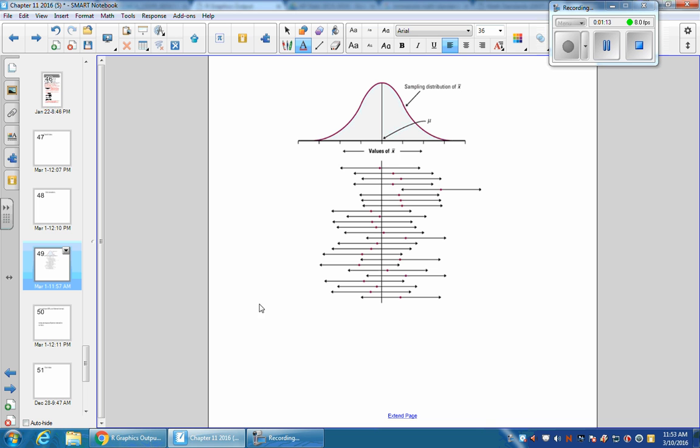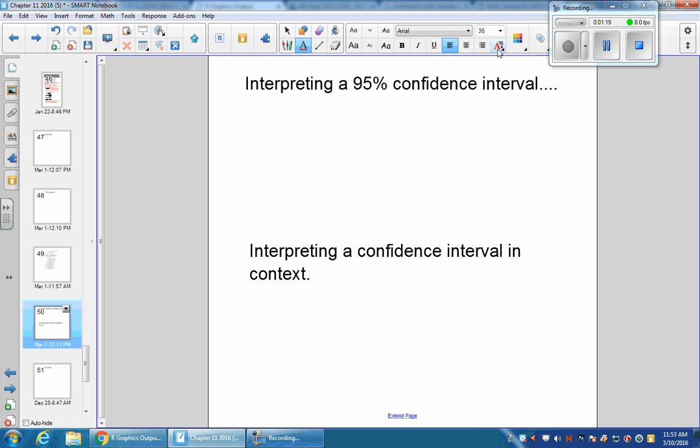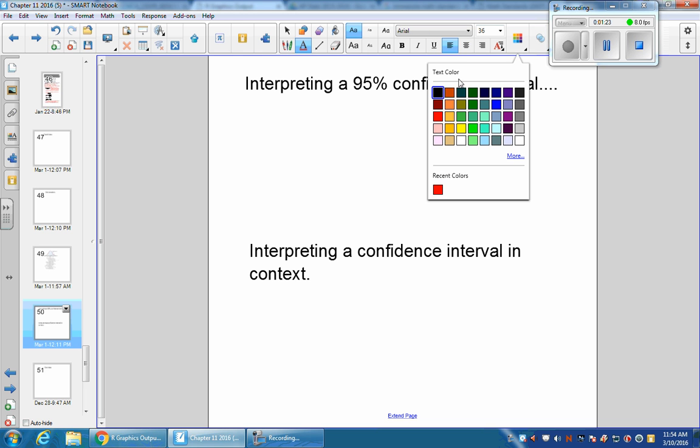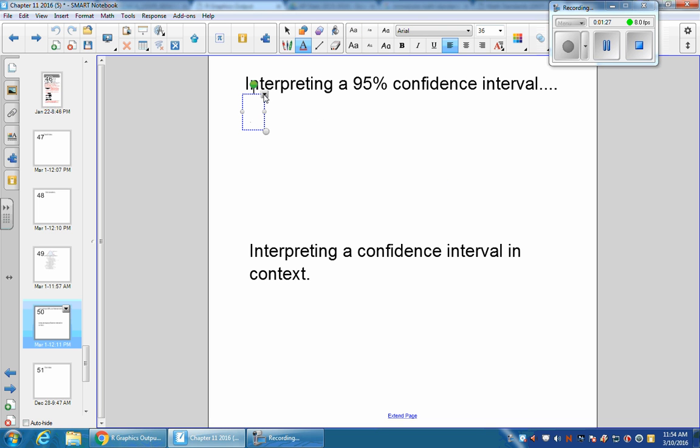But if they just say interpret a 95% confidence interval, like they do here, they're meaning something a little bit different. So if I'm going to interpret a 95% confidence interval, just generally, what we want to say is in repeated sampling.